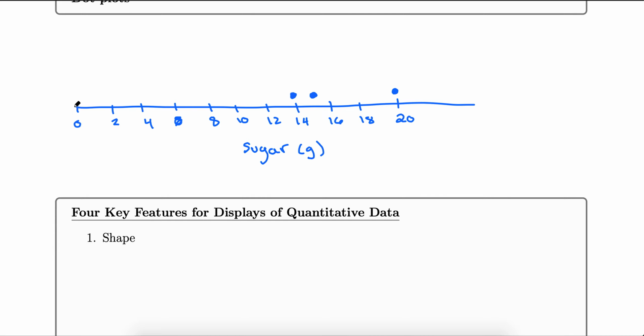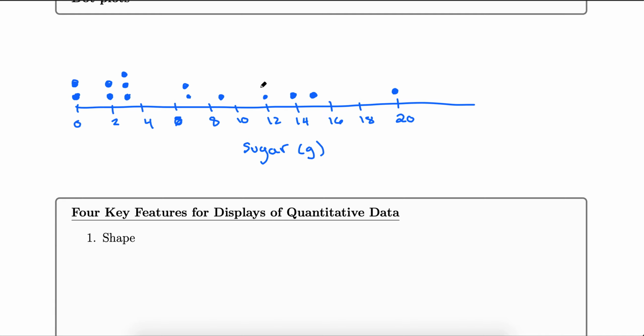So rather than scrolling back and forth, I'll help you out here. 0, we had a couple of observations with 0. If you have more than 1, just stack the dots like this. So 2 observations with 0 sugar, probably my grandma's cardboard brand cereal she has every morning. 2 2s. We've got 3 cereals that have 3 grams of sugar. We've got 2 with 7 grams of sugar, 1 with 9 grams of sugar.